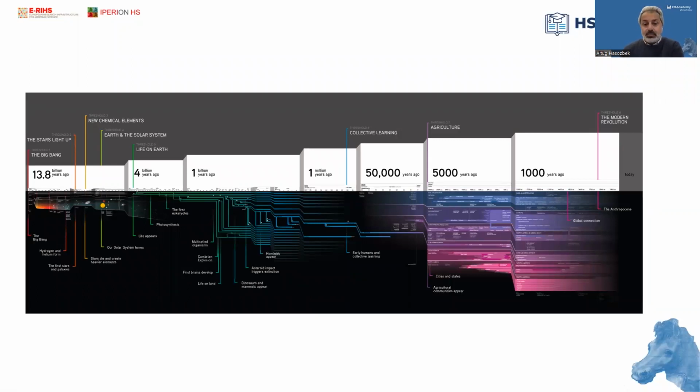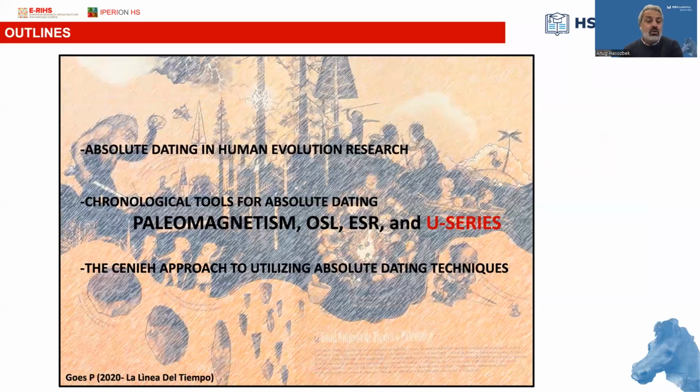So today, I will try to cover absolute dating in human evolution research, and why it is so important. By using some chronological tools for absolute dating, I will try to give some frame of these techniques, especially paleomagnetism, OSL, and ESR.